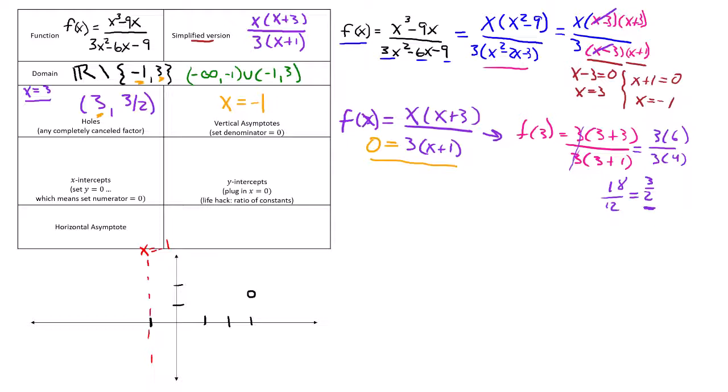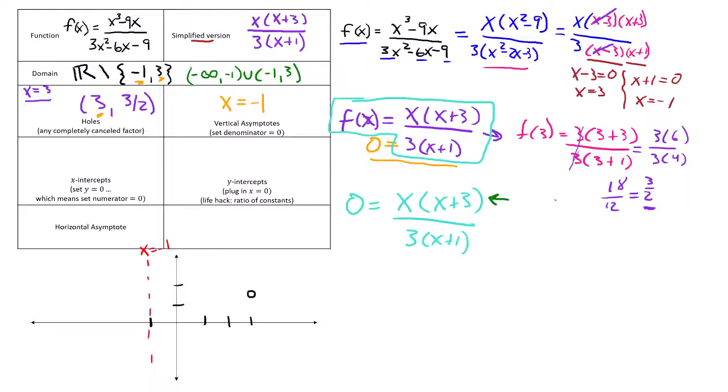So we can figure out the x-intercepts now. If I look at our simplified function, we're setting y equal to 0 to find the x-intercepts. So it's x times x plus 3 over this 3 times x plus 1. But the only thing we really care about is when this numerator is equal to 0, because 0 over whatever, as long as that whatever isn't 0, is going to equal 0.